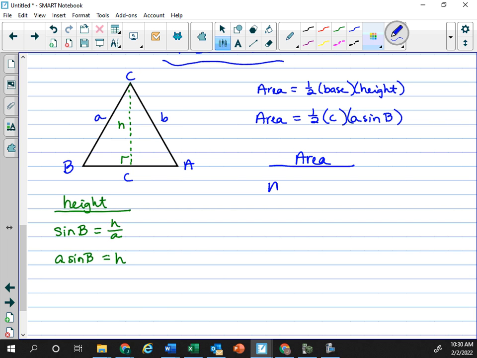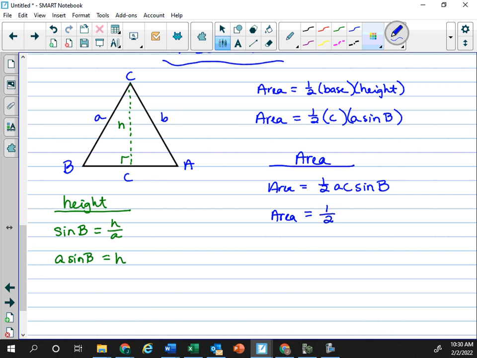So we can have area equals 1/2, and I'll call this one A times C, the one we just did, sine of angle B. So the two sides are not the angle that I use in the formula.